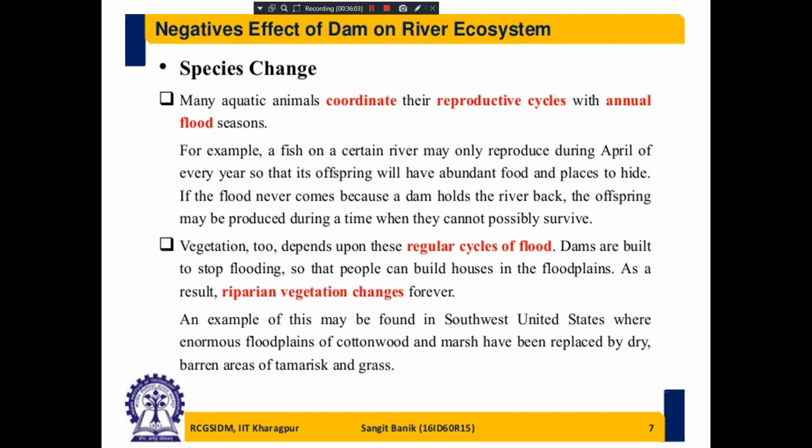As a result, the richness or the abundance of the species is affected. Even vegetation depends on these regular cycles of flood. When the dam has been built, it stops flooding.